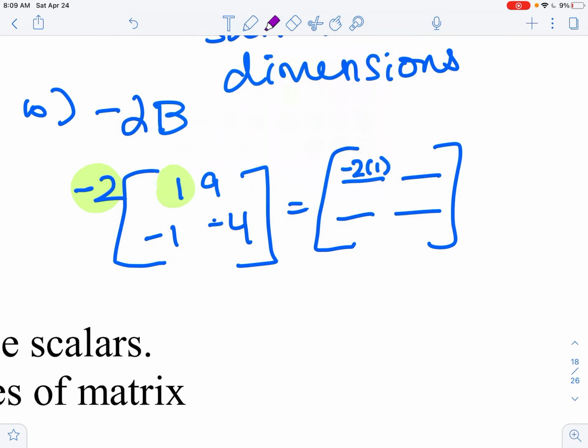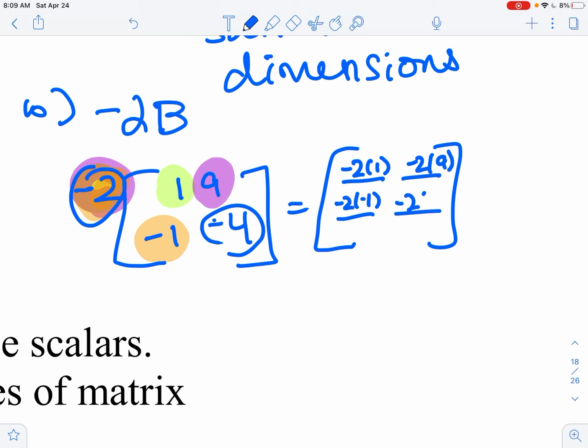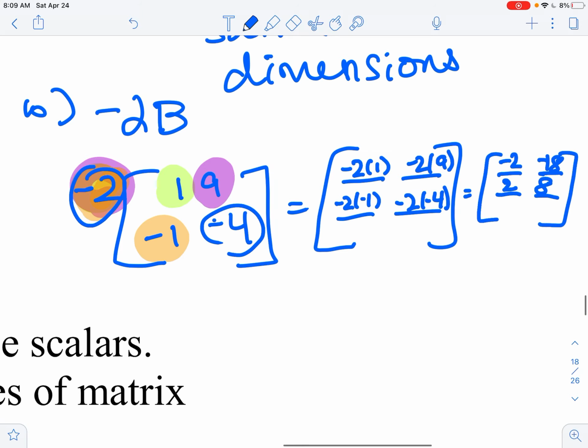And then you would go negative 2 times 9. And then you would go negative 2 times negative 1. And then lastly, negative 2 times negative 4. And then to simplify, we get negative 2, negative 18, positive 2, and positive 8.